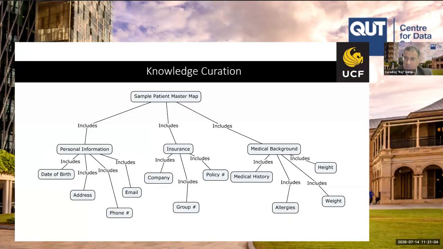So as an academician, I started thinking about how to approach this problem. The idea that I came up with was to develop a concept map, an ontology, which has all the necessary parts of a patient record.